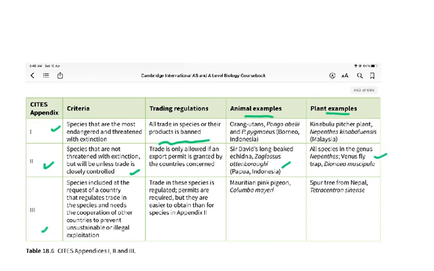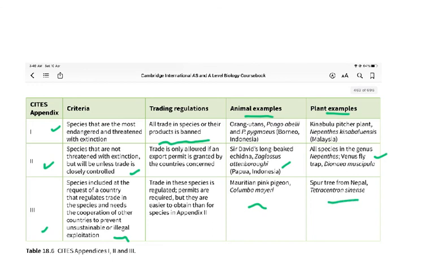Number 3 is species included at the request of a country that regulates trade in the species and needs the cooperation of other countries to prevent unsustainable or illegal exploitation. Trade in these species is regulated and permits are required, but they are easier to obtain than for species in Appendix 2. Examples are the pink pigeon and the spur tree from Nepal.